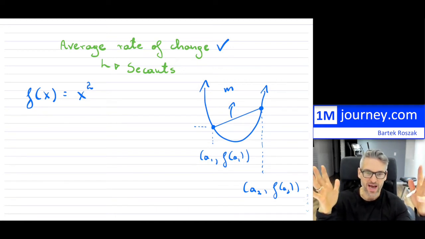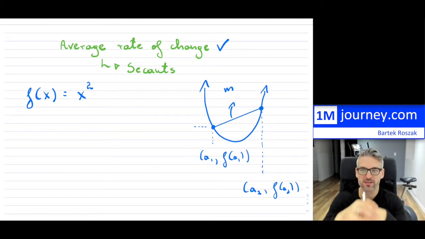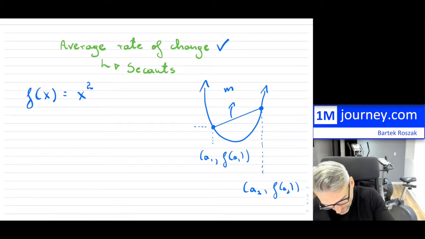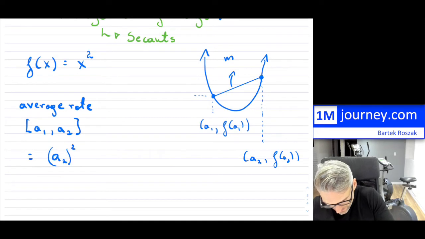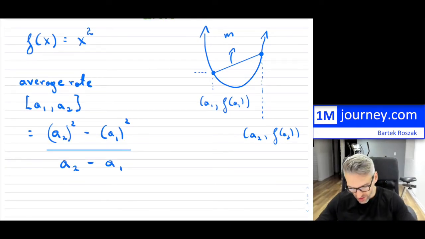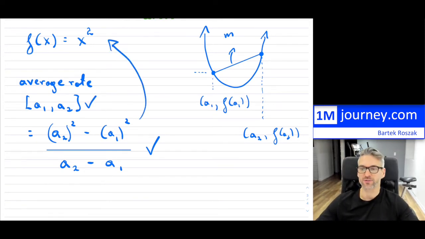And once we have that, we can actually find out exactly what it is. So in fast forward fashion, this would have been our definition for this particular function on the interval between A1 and A2.